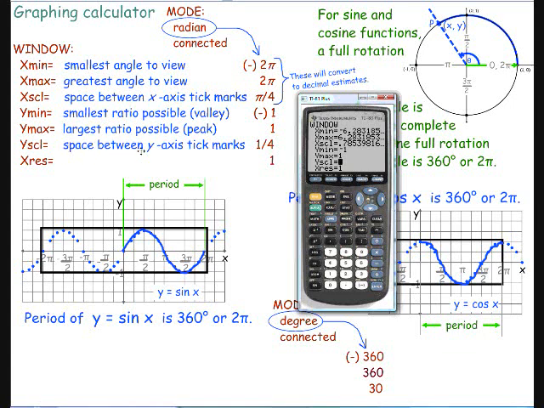Y scale, that's going to be the space between the y-axis tick marks, and if I want to match to this graph, it wouldn't be 1/4, it would be 1/2, but let's make it 1/4. 1 divided by 4, that'll give me one more set of tick marks there. And the resolution, let's leave it at 1.